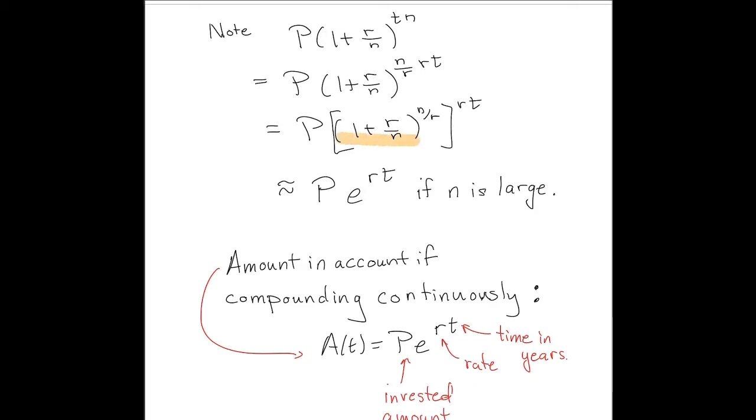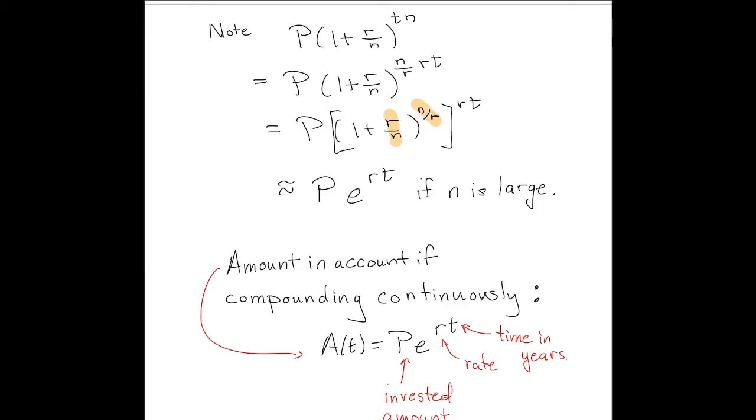But this expression in the brackets is approximately e for n large. What is e? It's about 2.71828. You can put it on your calculator. See, when n is large, the r over n is small, and this is 1 over that, so that's big.